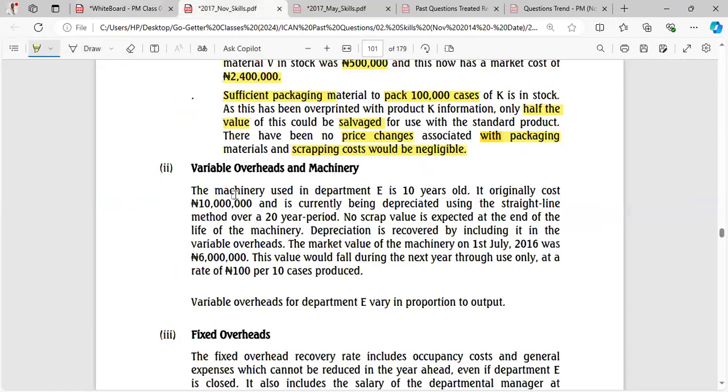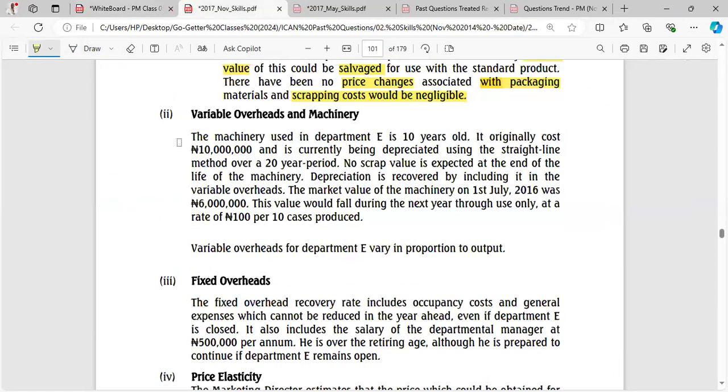They said here, the machine used in department E is 10 years old. Okay, 10 years old. So what's the meaning of telling us that it is 10 years old? All right, it originally cost 10 million naira. That's the original cost.